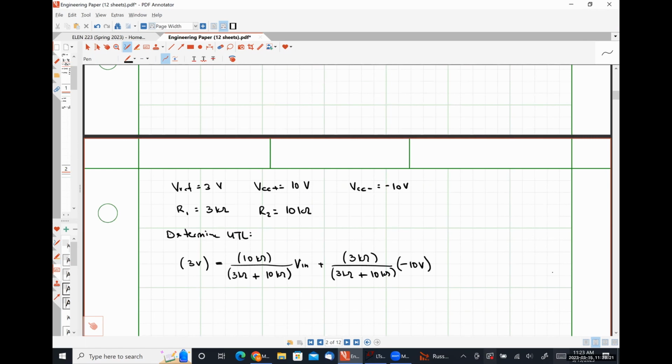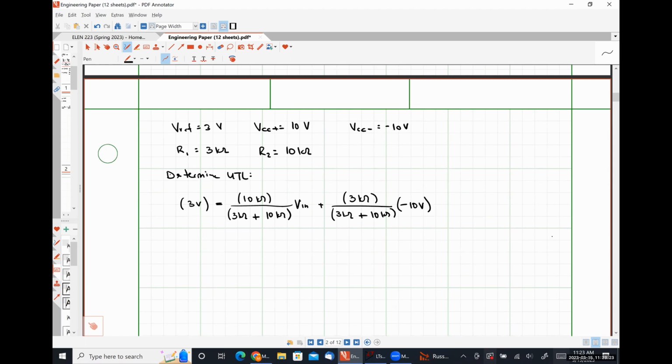And we can do a little bit of algebra, right? So we're going to have 3 volts plus 3 over, actually, minus 3 over 13 times 10 volts. All of this times 13 over 10 will give us Vn.